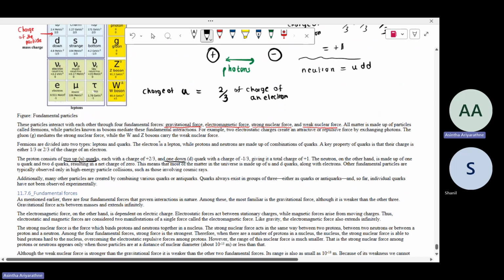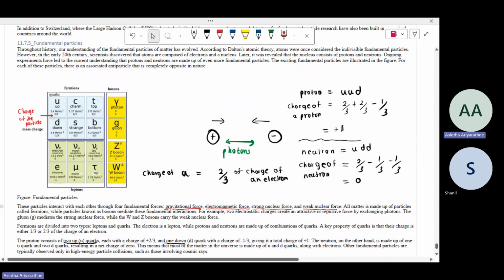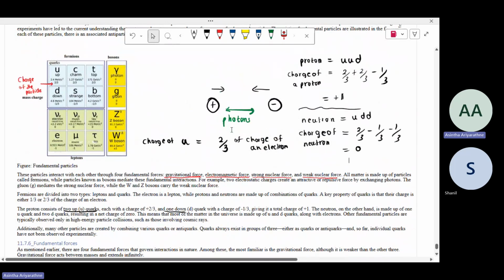So the charge of a neutron: the U quark has 2 over 3 charge, then the D quarks have minus 1 over 3 minus 1 over 3, which results in 0. That is true, right? The neutron is neutrally charged, which means 0 charge. So we get the same result from these more fundamental particles as well.